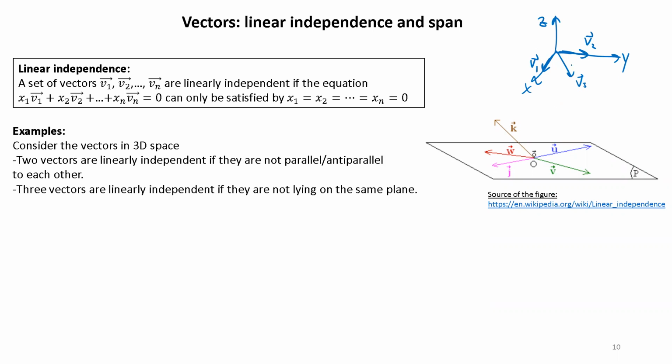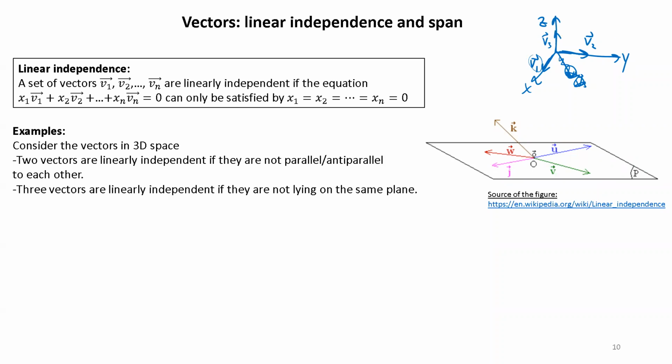So in this case, these three are a linearly dependent set. But if your V3 is like this, then V1, V2, V3 is linearly independent, because you cannot express any of the members by using a linear combination of the other two.